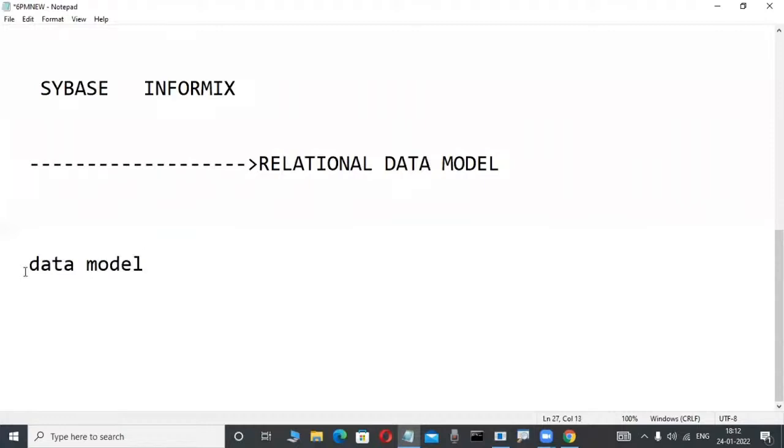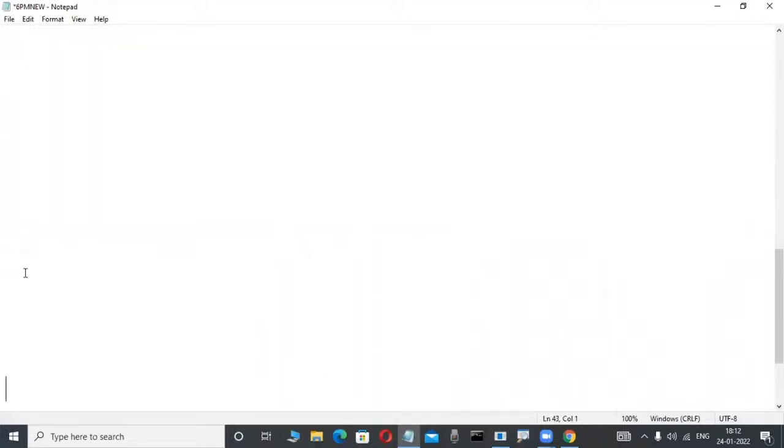Slowly observe it here. Anybody who attended the previous class, I am telling one thing. Suppose here Oracle is a product. This Oracle database or any relational database has two types of structures, as I told in the previous classes.